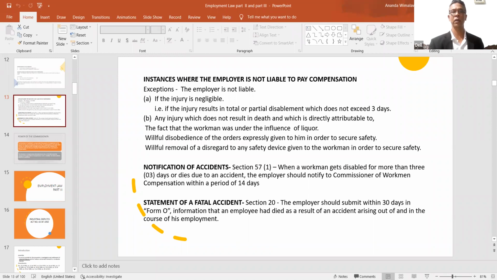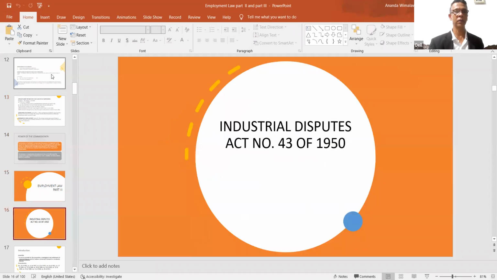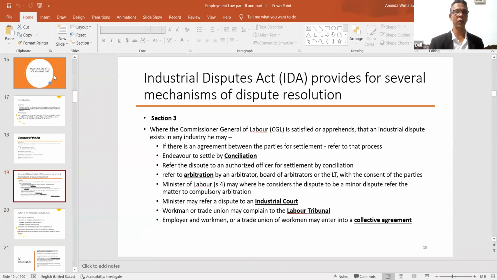It is not there. Let me copy it and bring it here. Okay, paste. Yes.